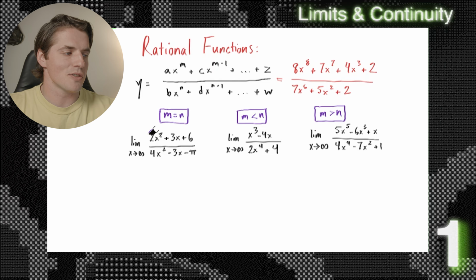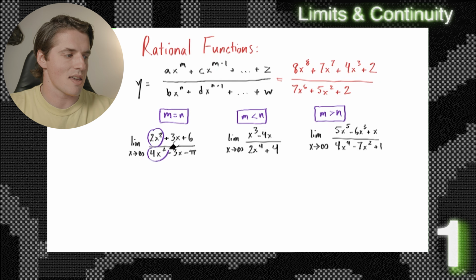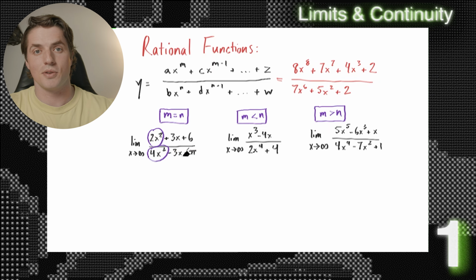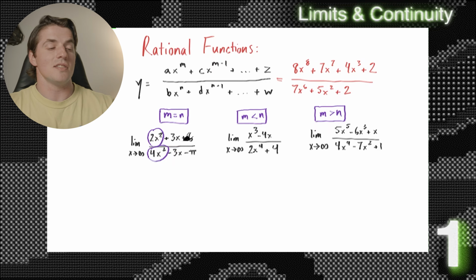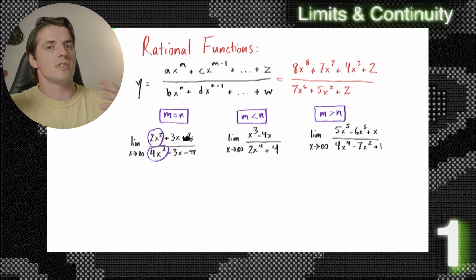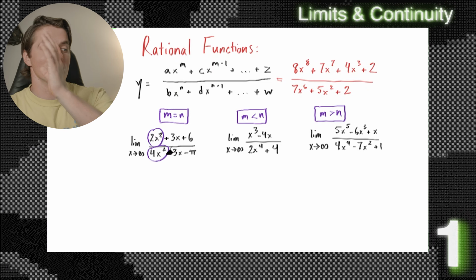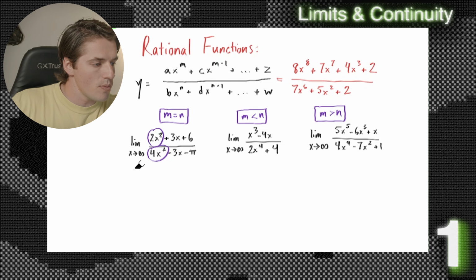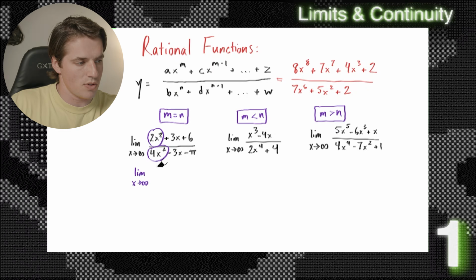So the highest degree in the numerator is 2. In the denominator, it is also 2. It's a degree 2 polynomial. Since these are of the same degree, as we go towards infinity, these 2 terms will go towards infinity the fastest. So we can just pay attention to them as we go towards infinity.